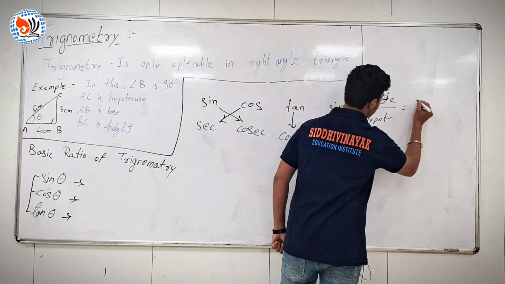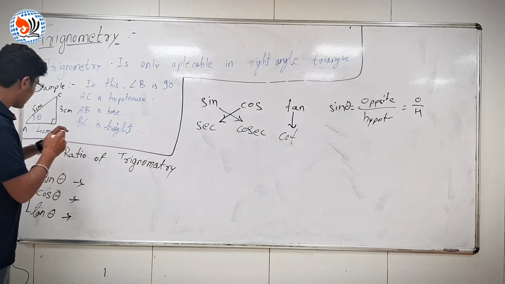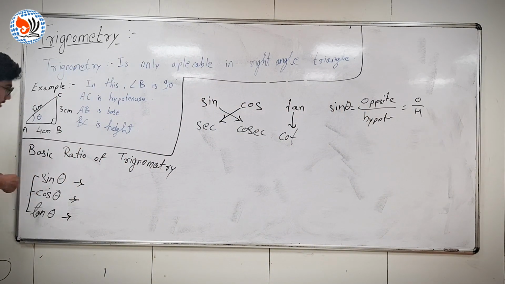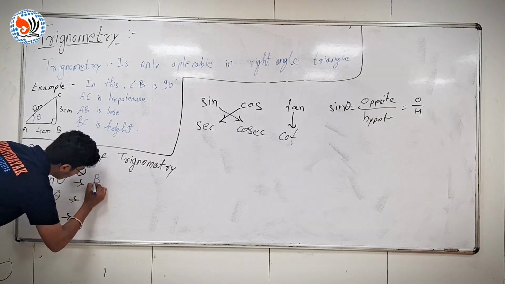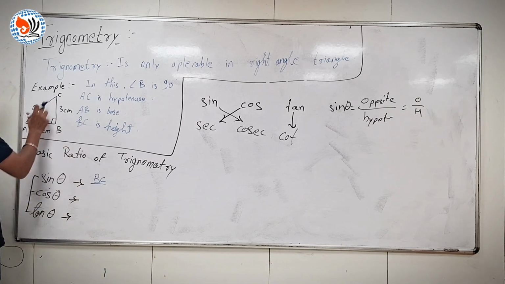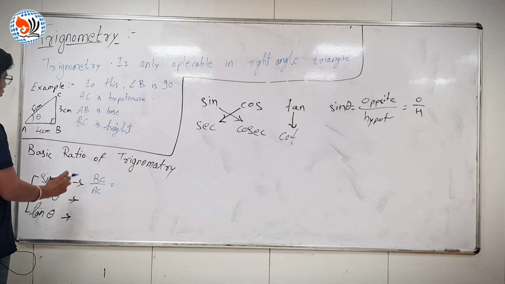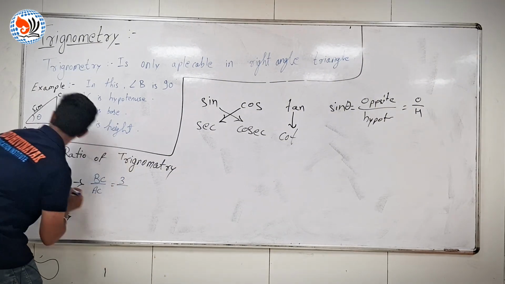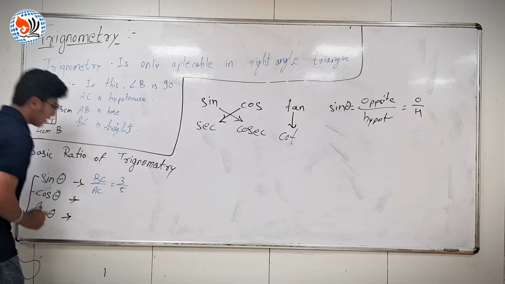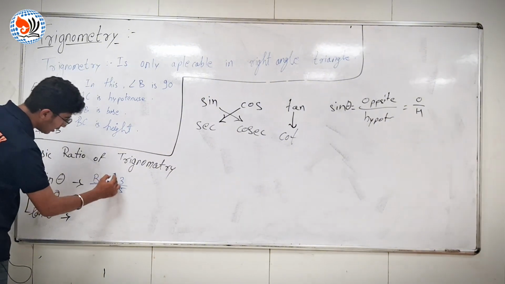We can write this as O upon H. Now in this example, our sine theta will be, angle A is our theta, so opposite side means BC upon hypotenuse AC, which is 3 upon 5. The value of sine theta in this example is 3 upon 5.